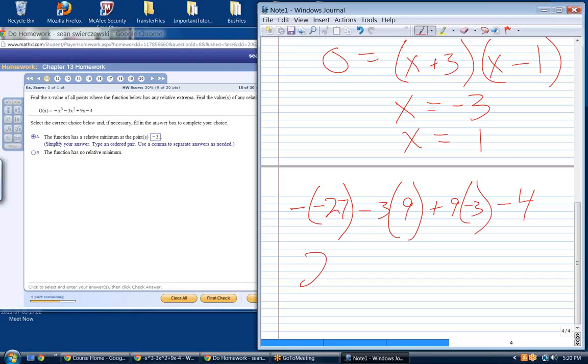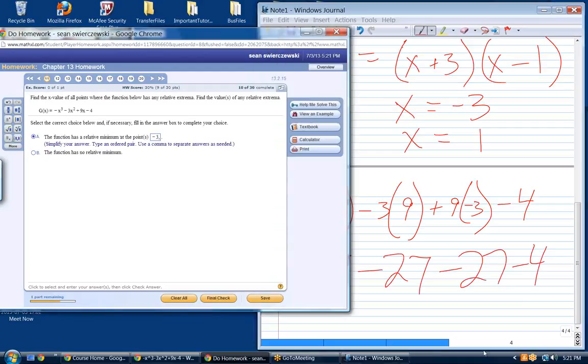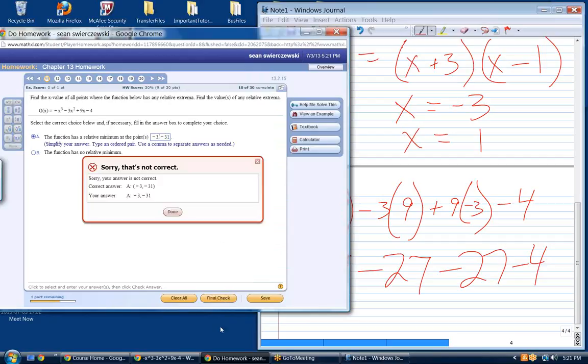What is this value? 27 minus 27 minus 27 minus 4. That looks like minus 31. So (-3, -31) is our relative minimum.